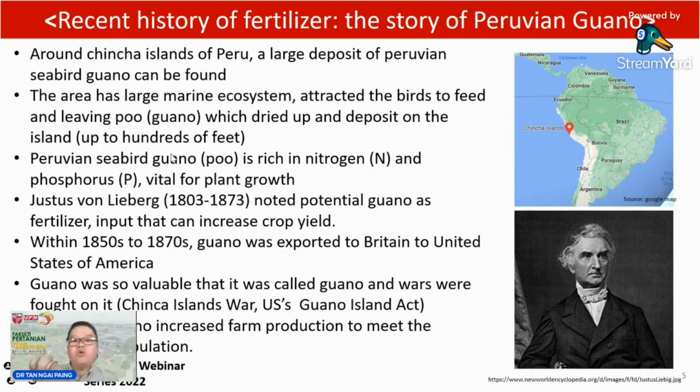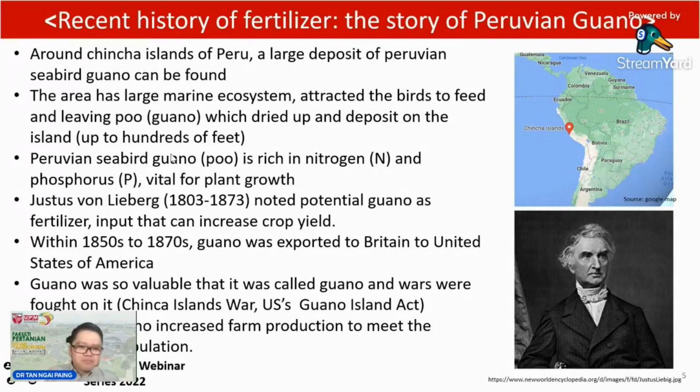When the poo is deposited, it also contains a significantly higher level of nitrogen and phosphorus compared to poo or manure produced by other beings. So actually there are differences. Not all poo is the same. It's a bit disgusting, but that's the fact.